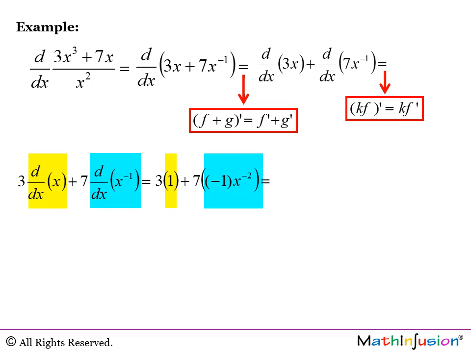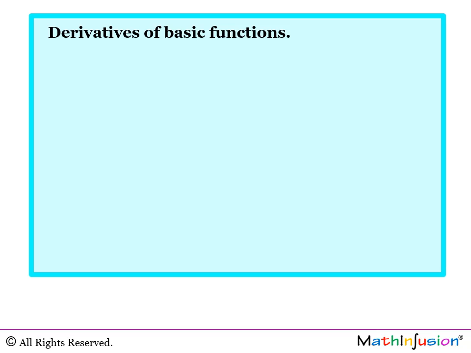So altogether, we get 3 times 1 plus 7 times negative 1 x to the power of negative 2, which can be simplified and written as 3 plus negative 7 over x to the power of 2, or if you want, 3 minus 7 over x to the power of 2.